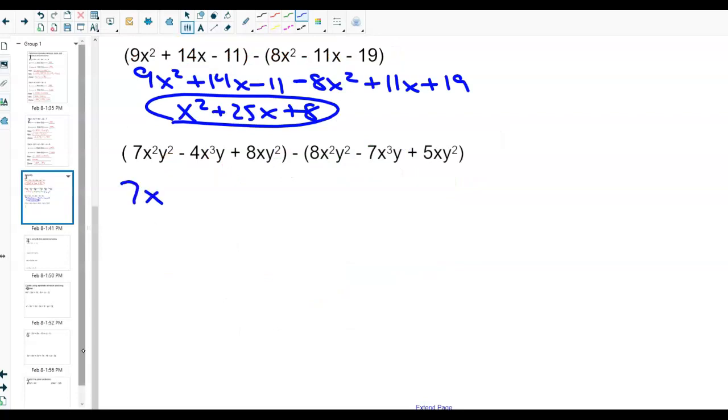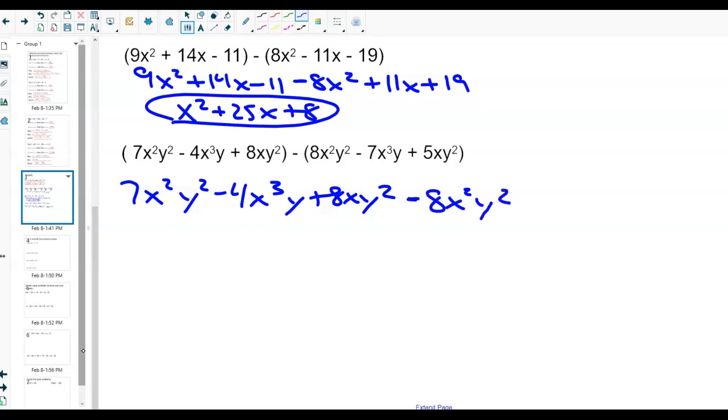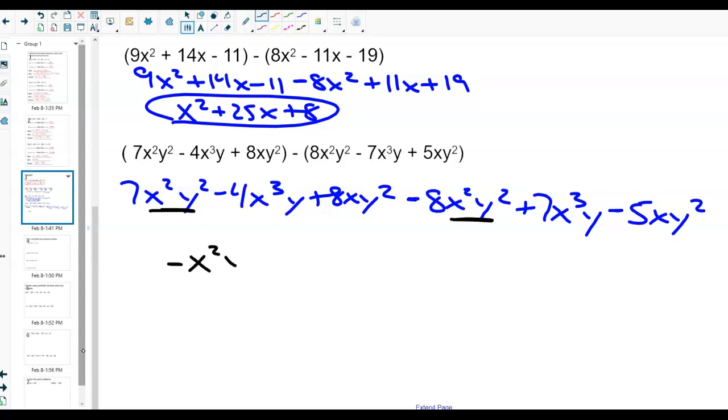Here, once again, I'm copying down. Negative 8x squared y squared. Positive 7x cubed y. Negative 5xy squared. X squared y squared, x squared y squared. 7 and negative 8, negative x squared y squared.